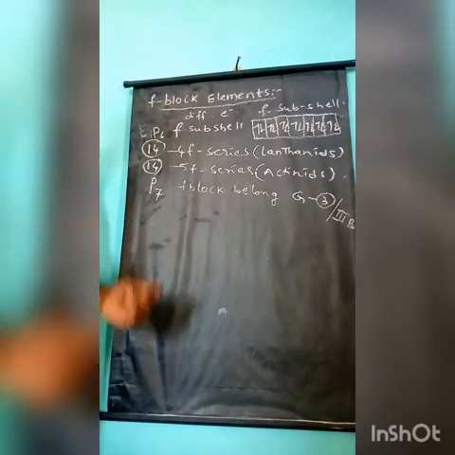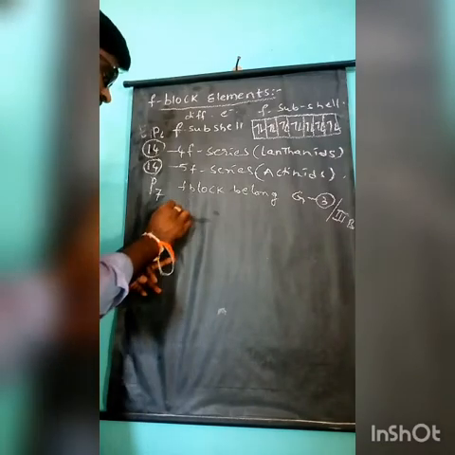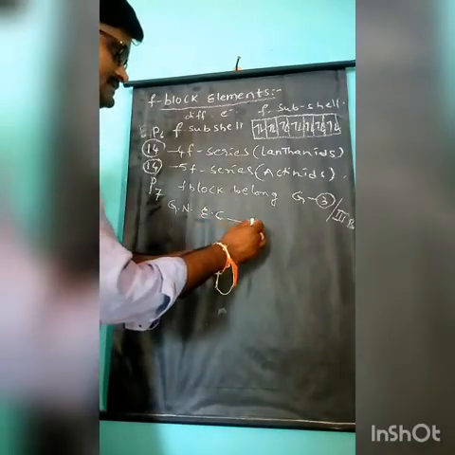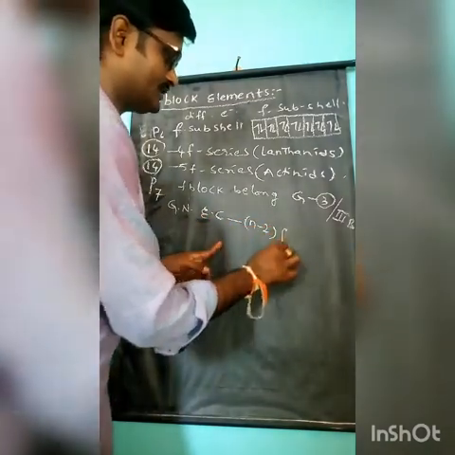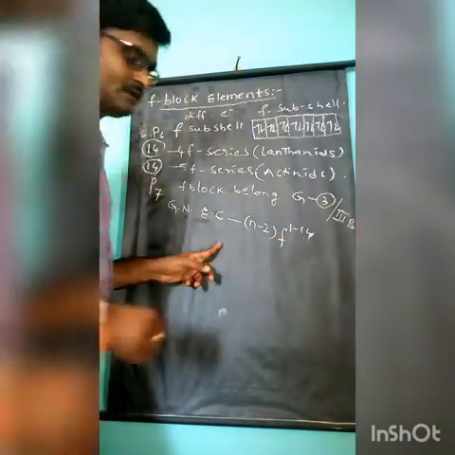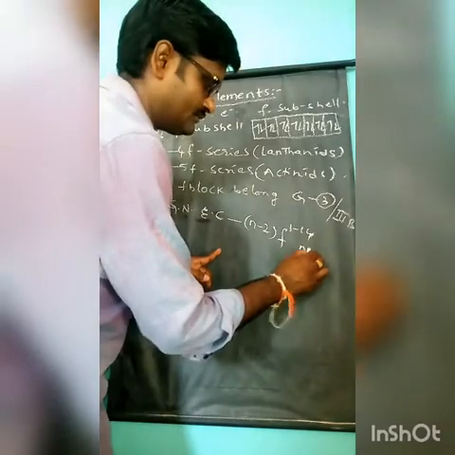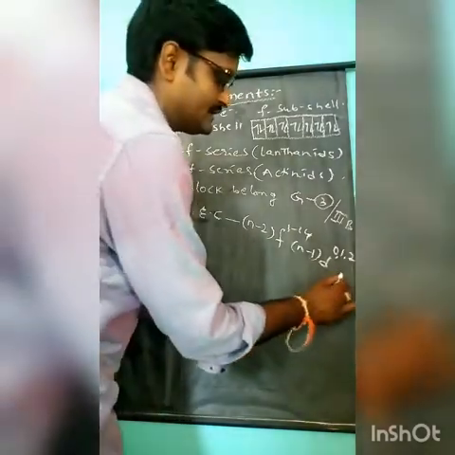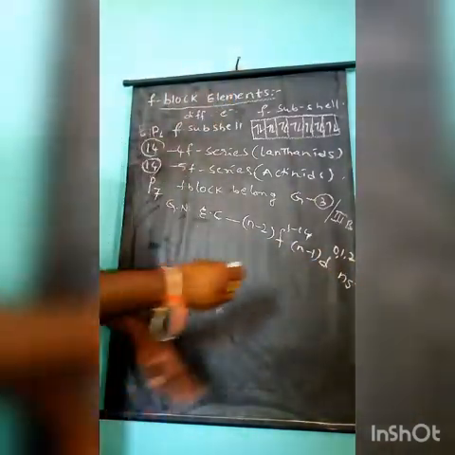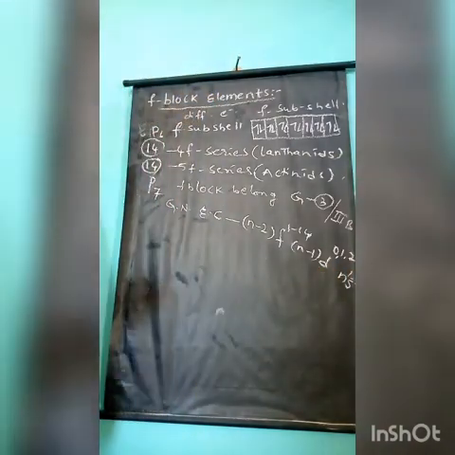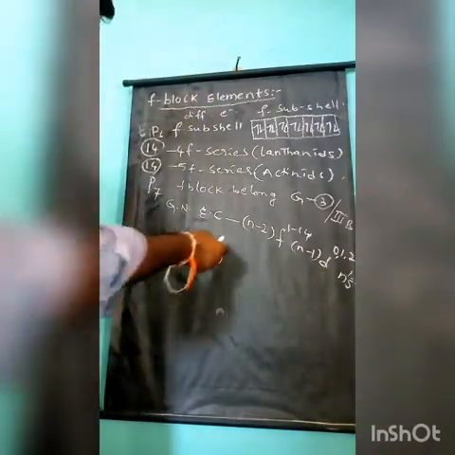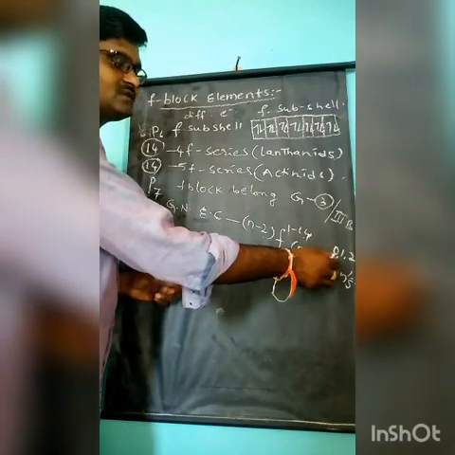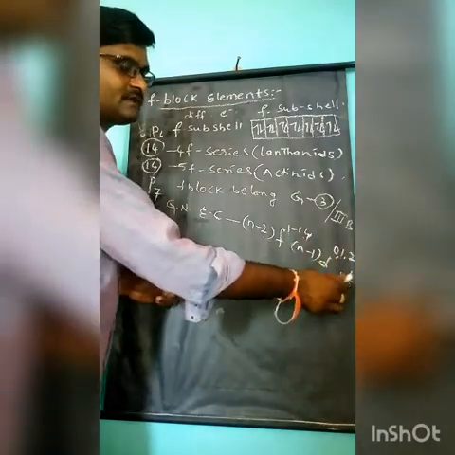The general electronic configuration of F block elements is (n-2)f 1 to 14, (n-1)d 0, 1, 2, ns 1, 2.